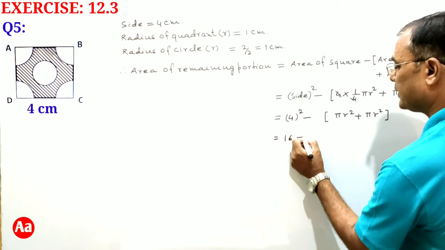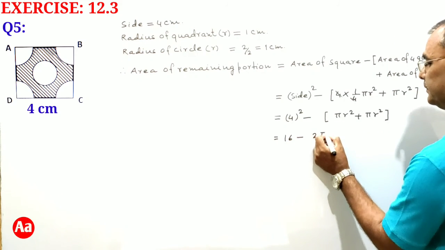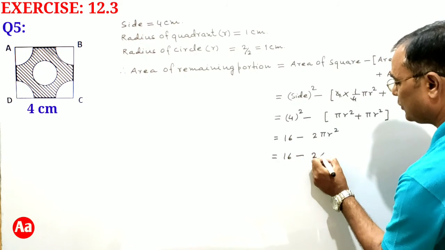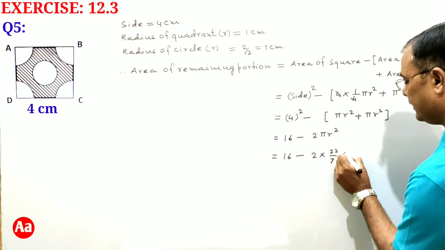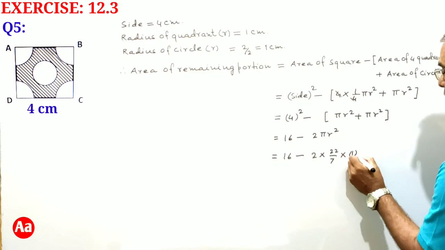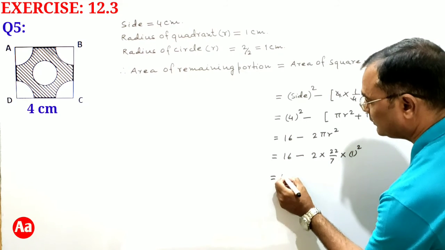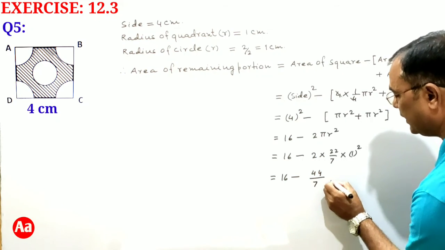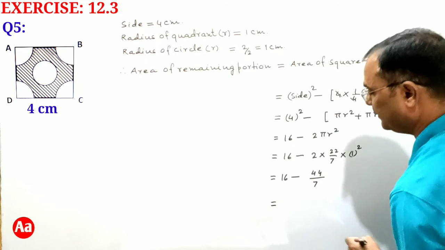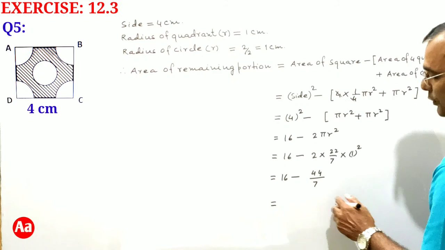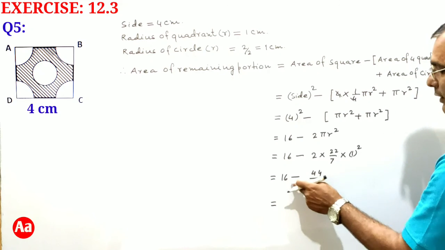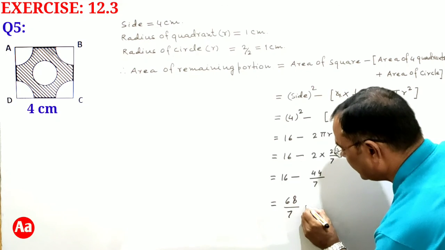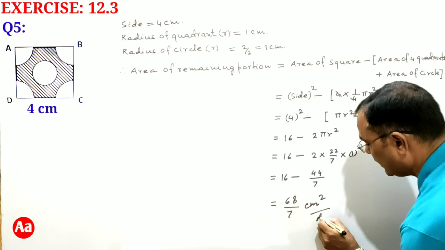So 16 minus 2 pi r square. 16 minus 2 into 22 by 7 into radius 1 square. 16 minus 44 by 7, and if you take LCM, 7 into 16 minus 44 will be 68 by 7 centimeter square, and this is the answer.